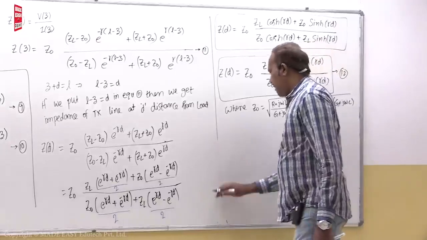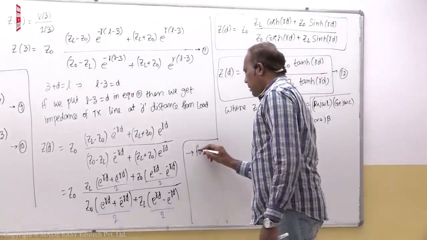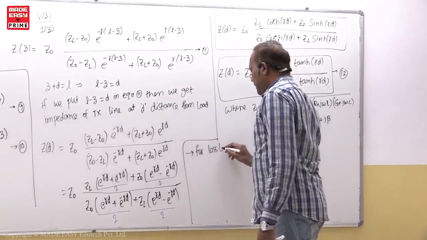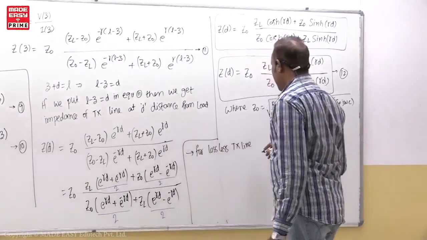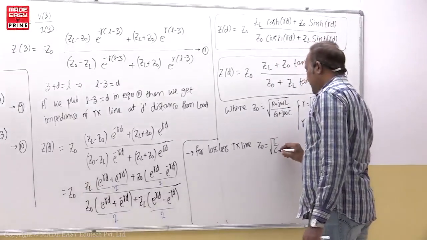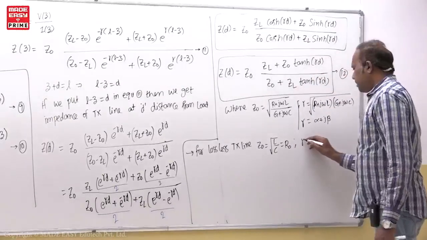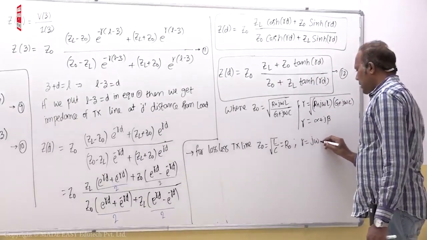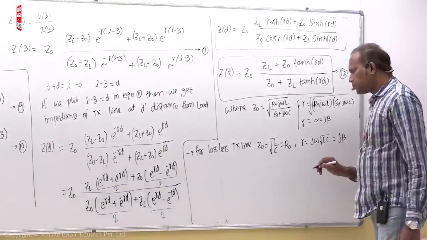Now for a lossless transmission line, Z naught is equal to root L by C, that is called real characteristic impedance, and gamma is equal to j omega root LC, that is called j beta.